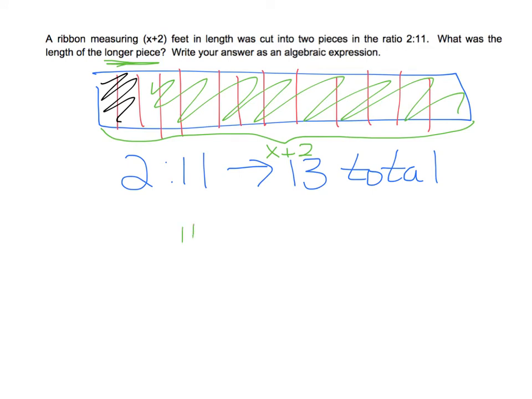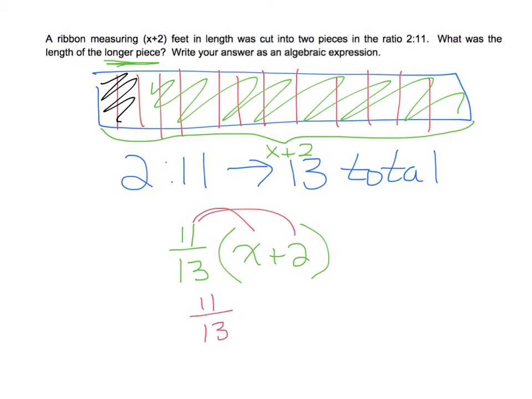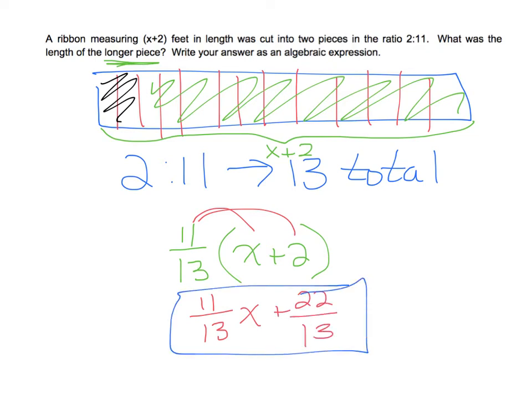So we would write it as 11 over a total of 13 times the entire ribbon. So again, 11, which makes up the longer piece, out of the total times the actual length. That is what will give you the length of the longer piece. So that's just 11 over 13 x plus 22 over 13. And that will be the answer there.